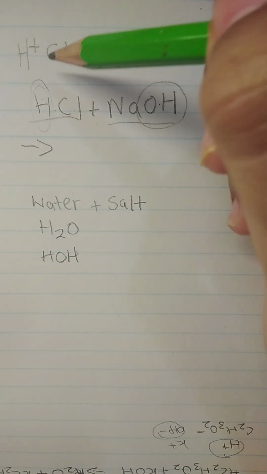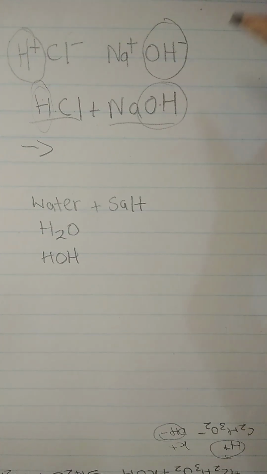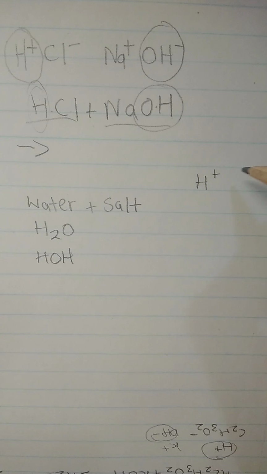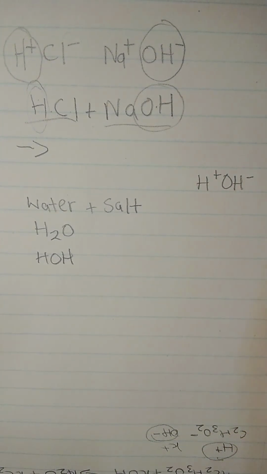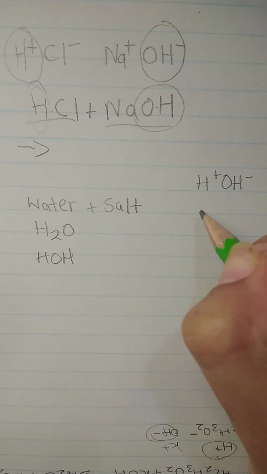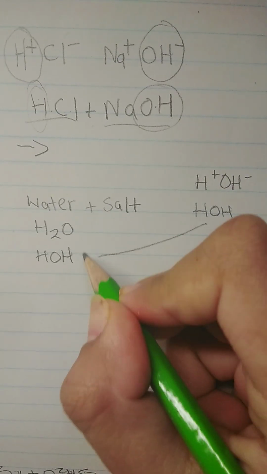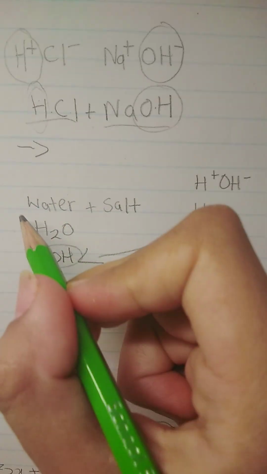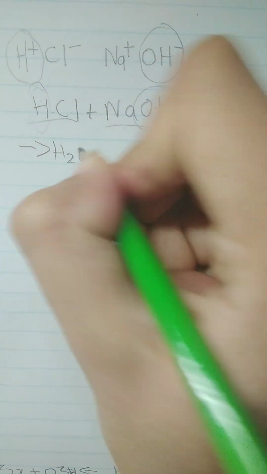Here we can see that we have an H plus and an OH minus. Let's write that down. H plus with an OH minus. That, when we crisscross our charges, will make HOH. Now we found water, H2O.